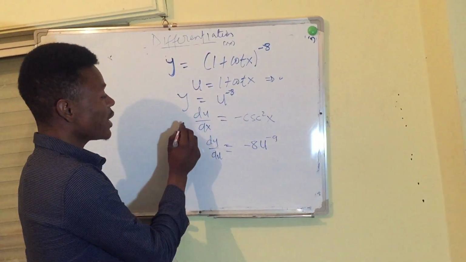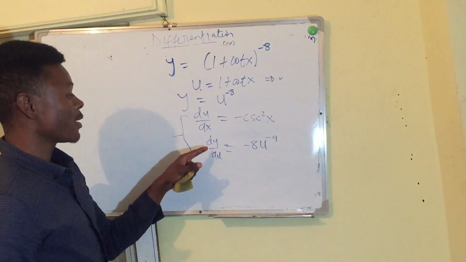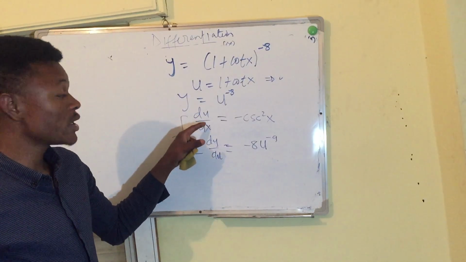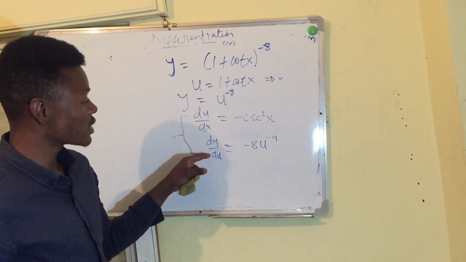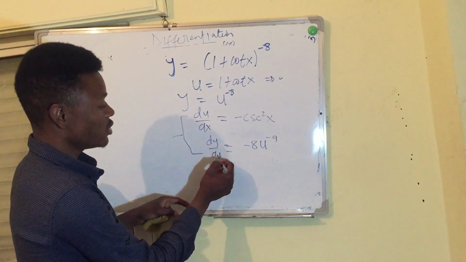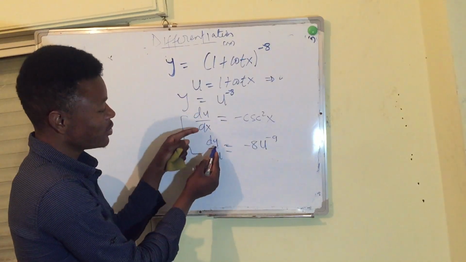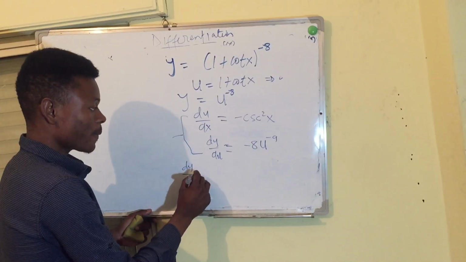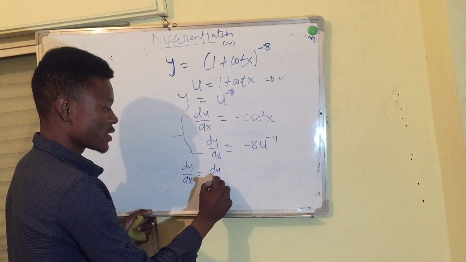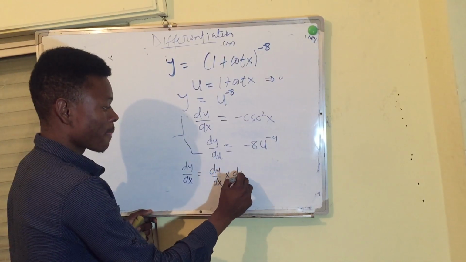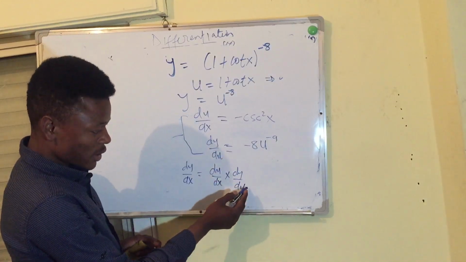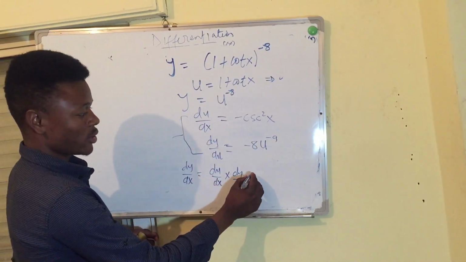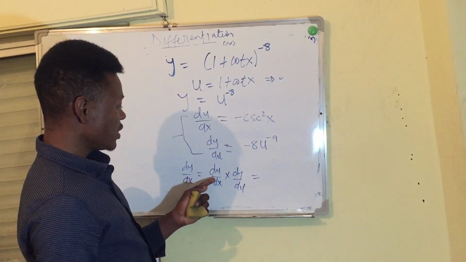So from here, I'm saying dy dx, if we multiply these two functions, du dx and dy du, because dy du will cancel this and leave dy dx on top. So dy dx simply is du dx multiplied by dy du, so that if this cancels this, what remains is dy dx. Good. So what is du dx then?